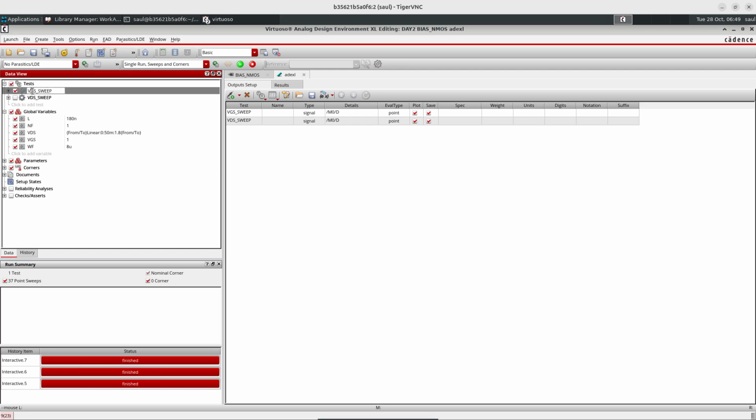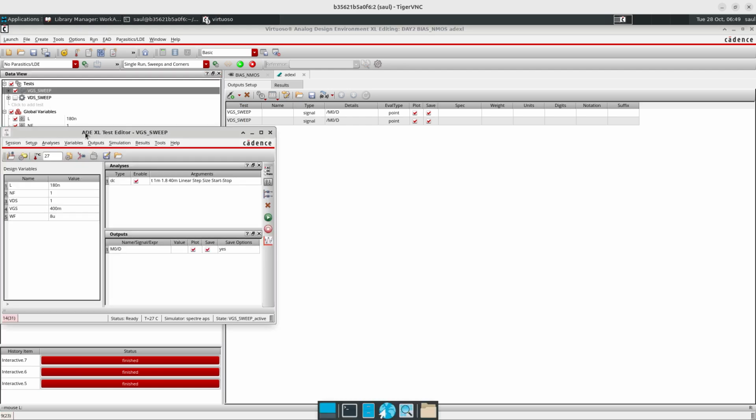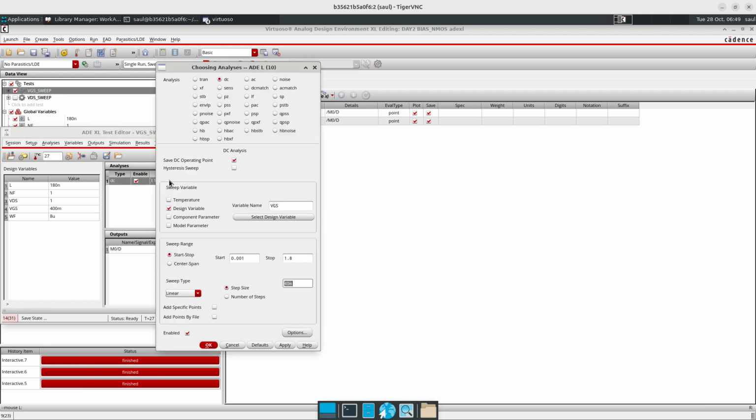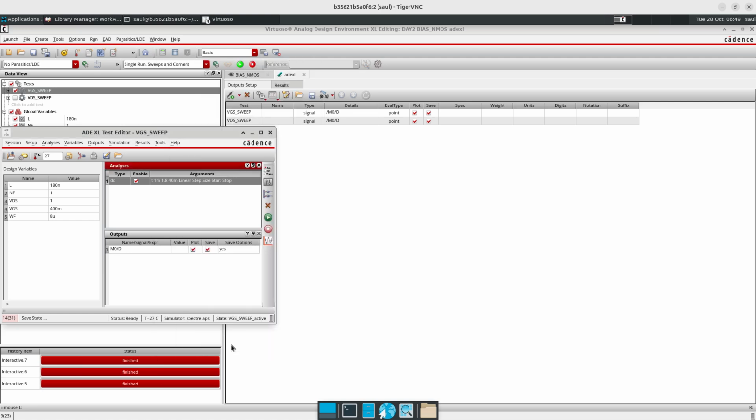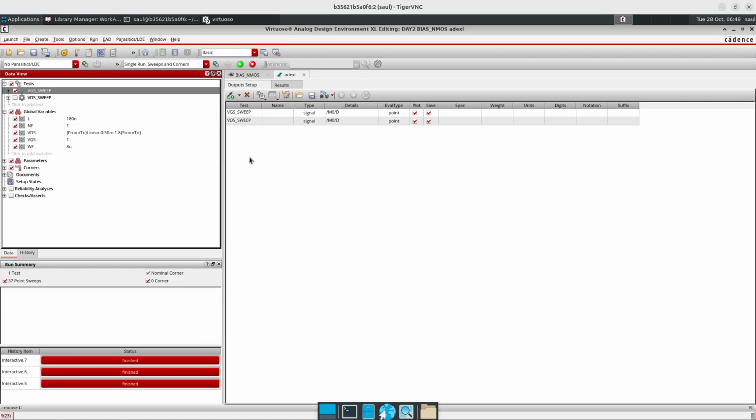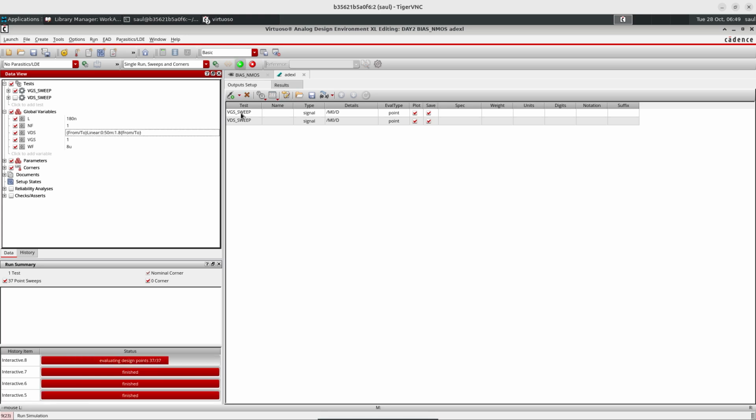So I have created a test. Again, there is a tutorial online that you are going to use. So I set up the DC sweep with 40 millivolt steps, and the external sweep will be VDS in steps of 50 millivolts. We run it very quickly.